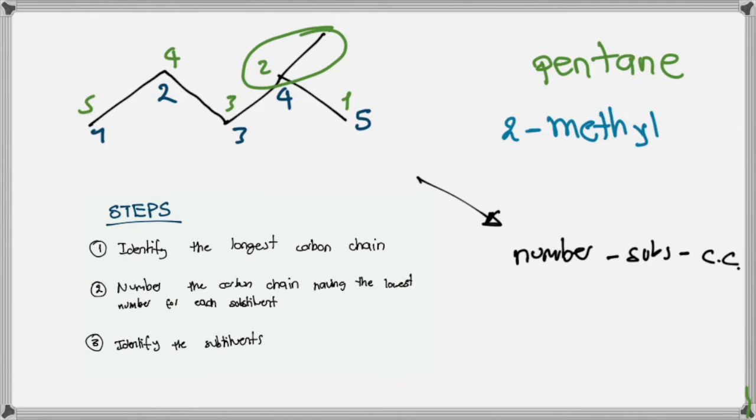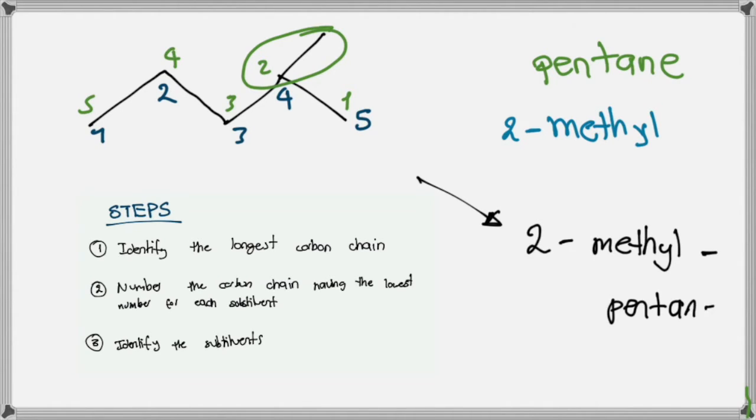So we're going to end up with, if we erase that off, the number 2, line, methyl, line, pentane. So this compound is going to be a 2-methylpentane.